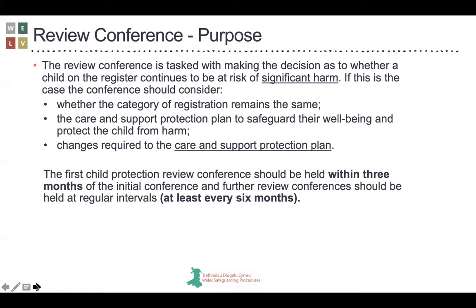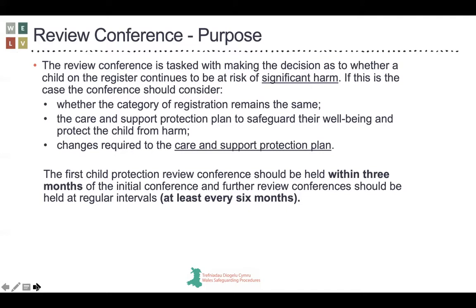If the decision is reached at the review conference that the child continues to be at risk, members of the conference need to consider whether the category of registration remains the same. They need to consider the existing care and support protection plan to safeguard and protect the child, and consider whether any changes are required to that plan.